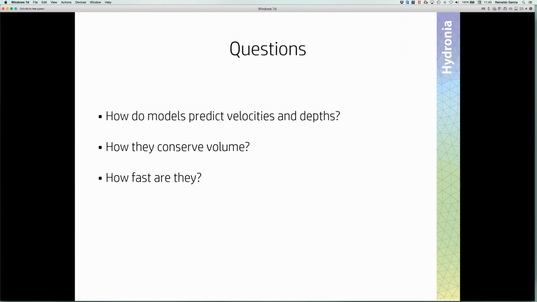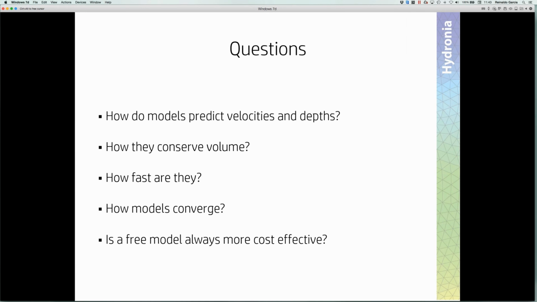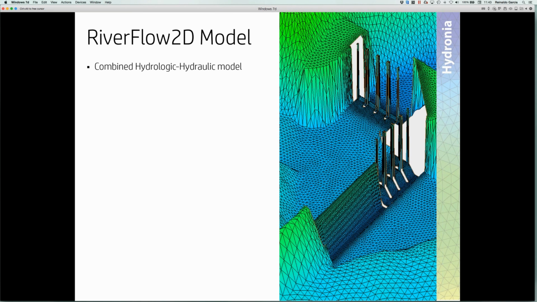Do they perform at reasonable runtimes for medium-sized or large-size projects? Also, how do the models converge to known solutions or to the expected reasonable solution that you may have in particular situations? And finally, is a free model always more cost-effective than other options?